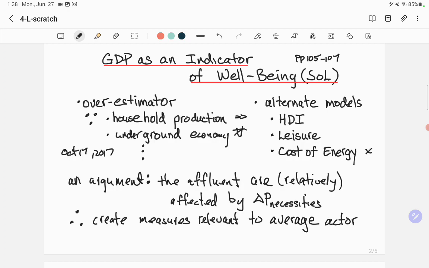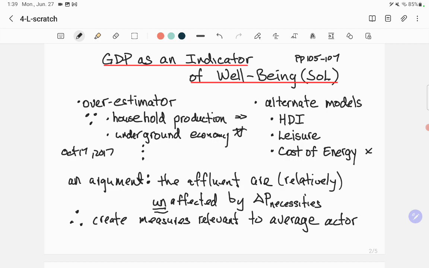Think of it like this. The affluent, the people with status, the people with money, wealth.